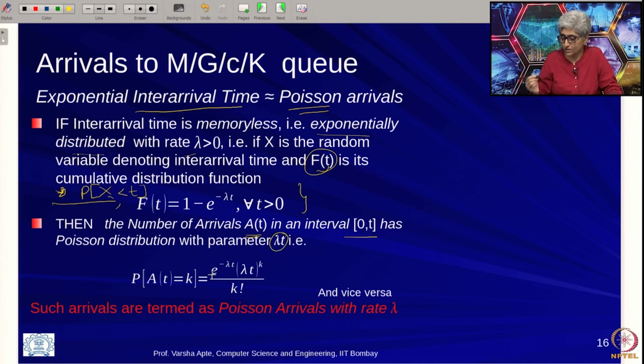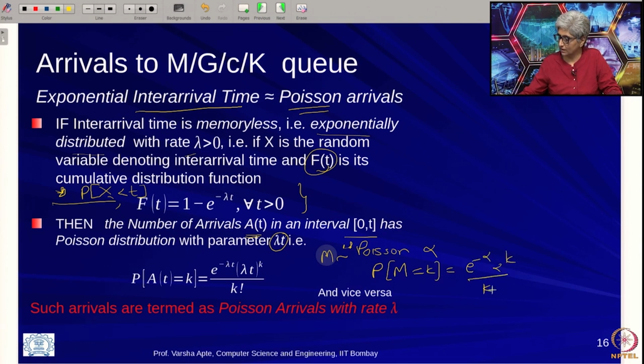What is Poisson distribution? You might be remembering that if a random variable m has the Poisson distribution with some parameter alpha, then the probability that m is equal to k is e to the minus alpha, alpha to the k divided by k factorial.